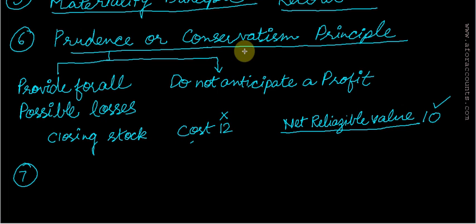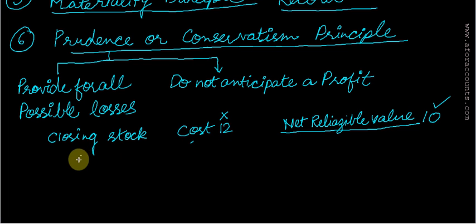Conservatism principle is the same. Provide for all anticipated expenses and losses, for example, provision for bad and doubtful debts, and do not record any anticipated revenues.